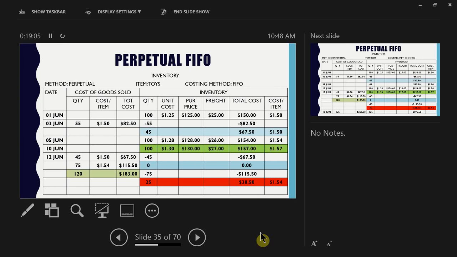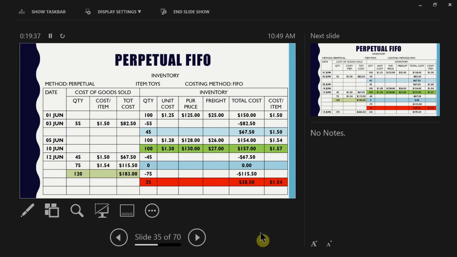So I'm going to add these two numbers together, right? 45 from the yellow batch, 75 from my red batch to give me a grand total of 120 items I sold, giving me a grand total cost of goods sold of $183.00. Okay, 183 even. So that's how we're going to be calculating our cost of goods sold.